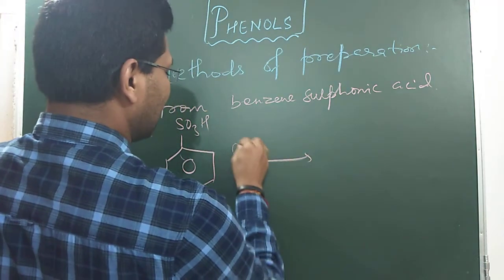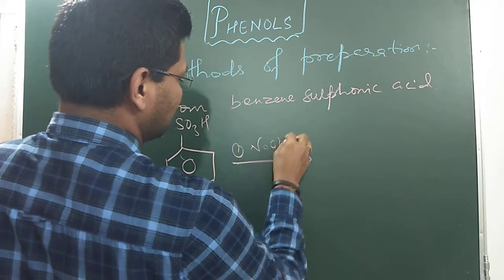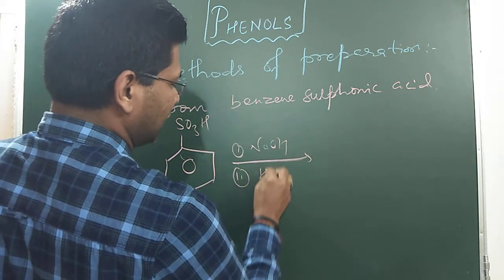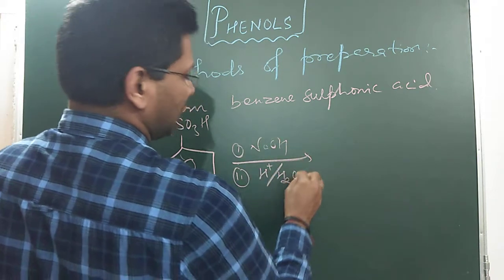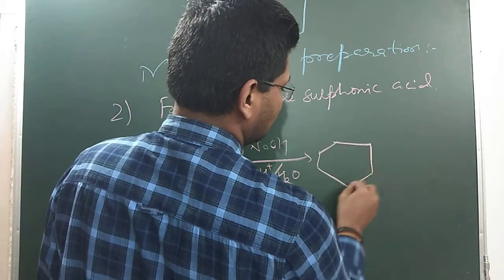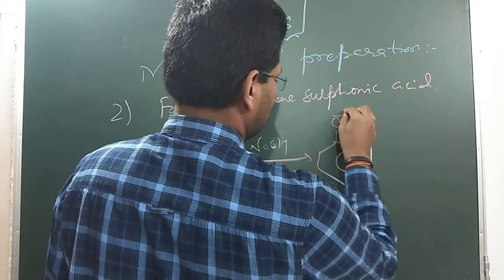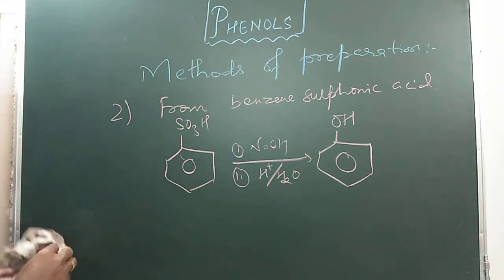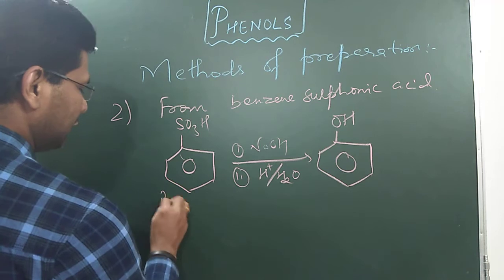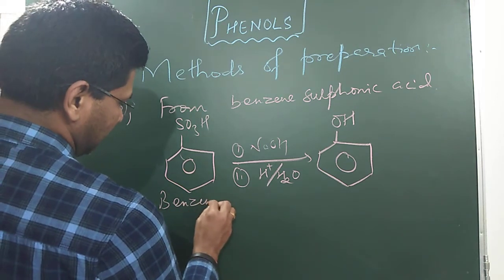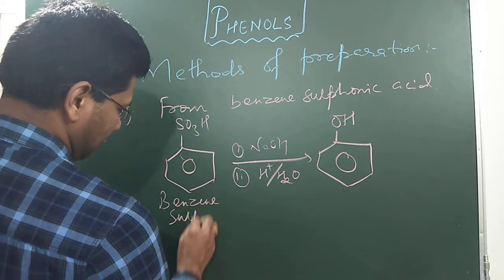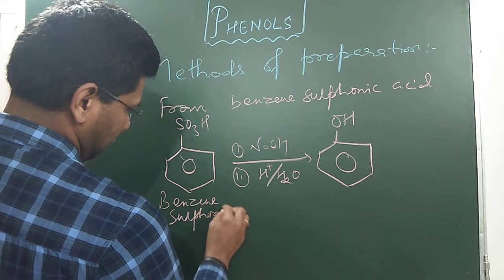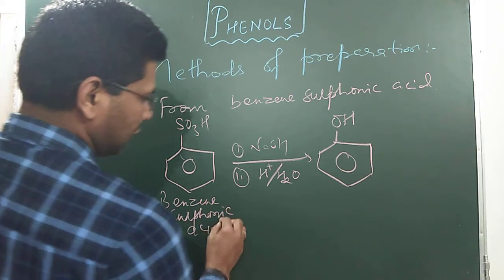It is treated with NaOH and then acidified. Then it forms phenol. This is benzene sulfonic acid. And this is phenol.